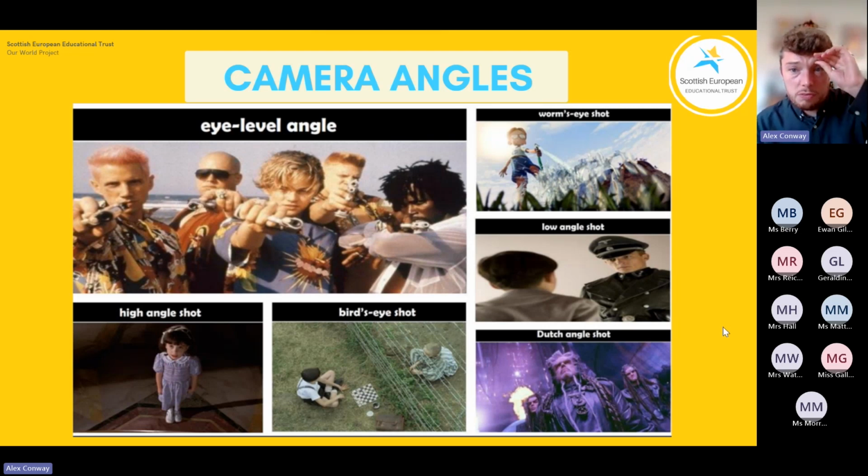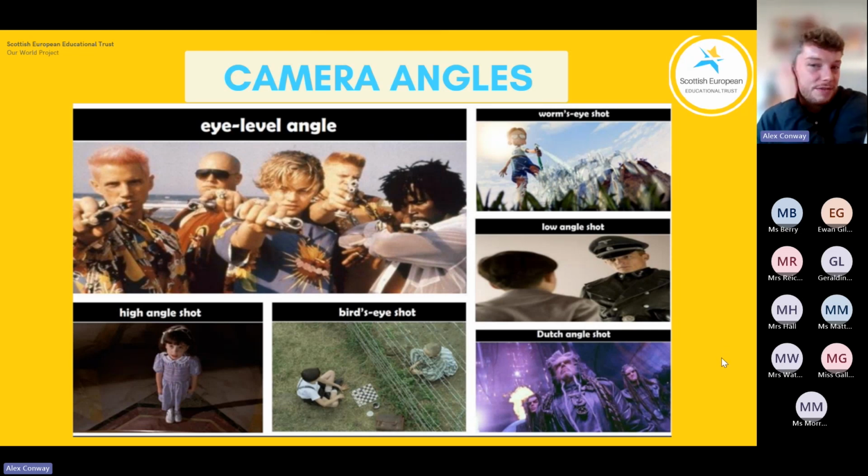From the same film, we also have a bird's eye shot, which can be used to show scale and movement, or like there's a greater being's eyes looking down on the scene below. Then we have a worm's eye shot used to highlight what's going on on the ground. And finally here, we have a Dutch angle or tilted angle shot, which, as I'm sure you can imagine, pupils have a lot of fun with.